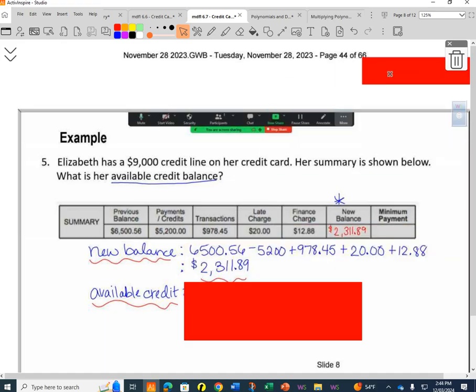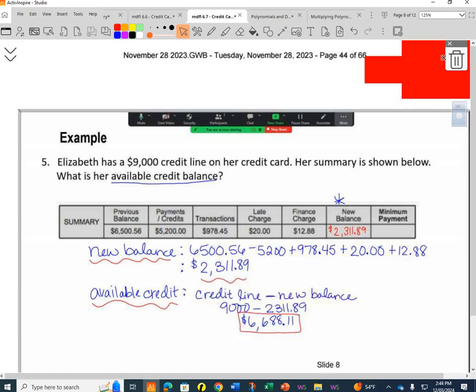So her new balance is previous balance minus payments and credits, plus late charges, finance charges, and all that, and we'd see that her new balance is $2,311.89. Her available credit is going to be the difference between her new balance and her credit line. So $9,000 minus your new balance is $6,688.11. Remember, pause to catch up.